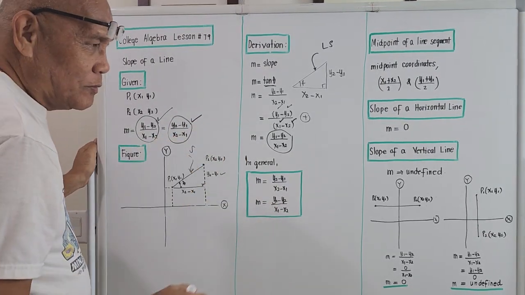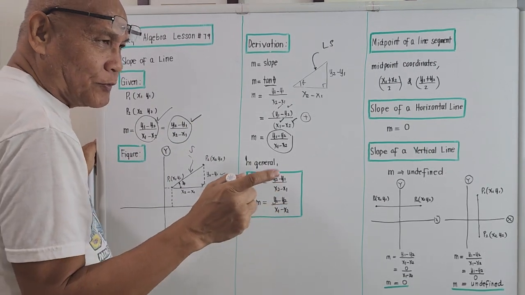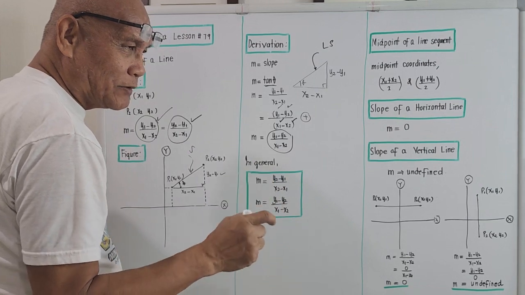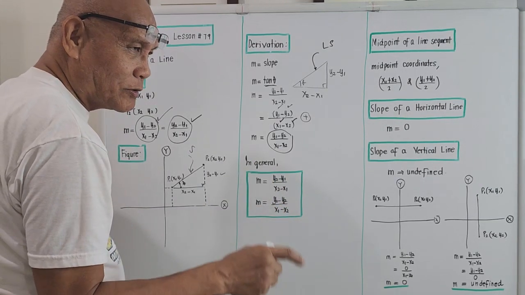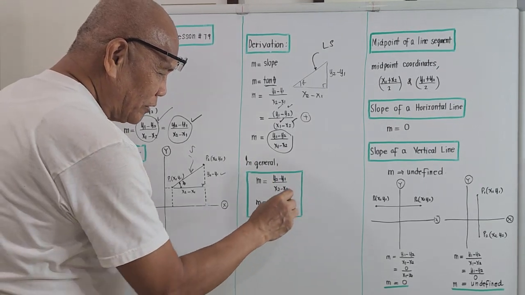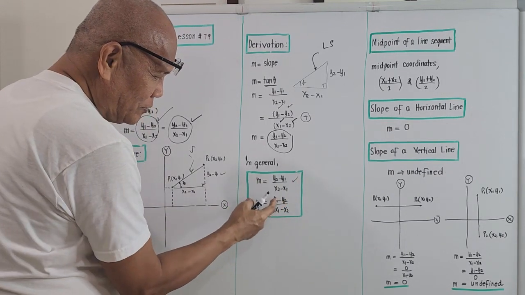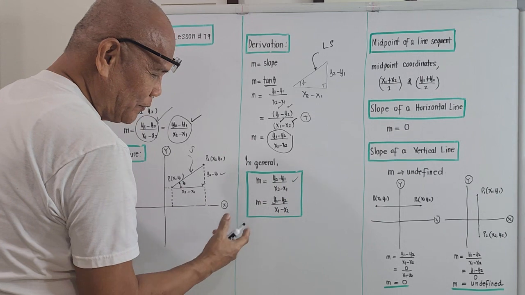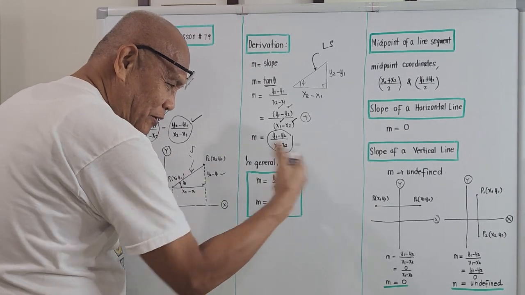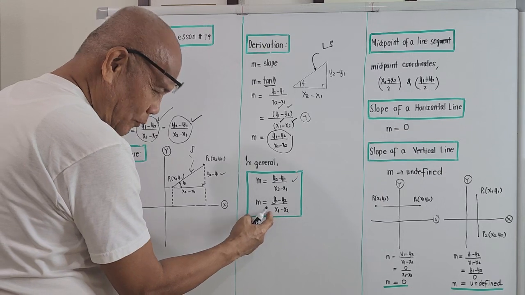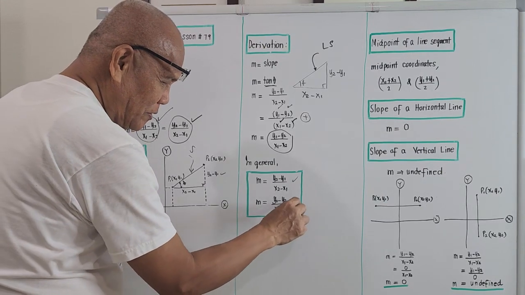So in general now, for a line segment or a straight line, to compute for the slope under the so-called rectangular or coordinate system, formula number 1 should be y sub 2 minus y sub 1 over x sub 2 minus x sub 1. Or the reverse of this, it should be y sub 1 minus y sub 2 over x sub 1 minus x sub 2.